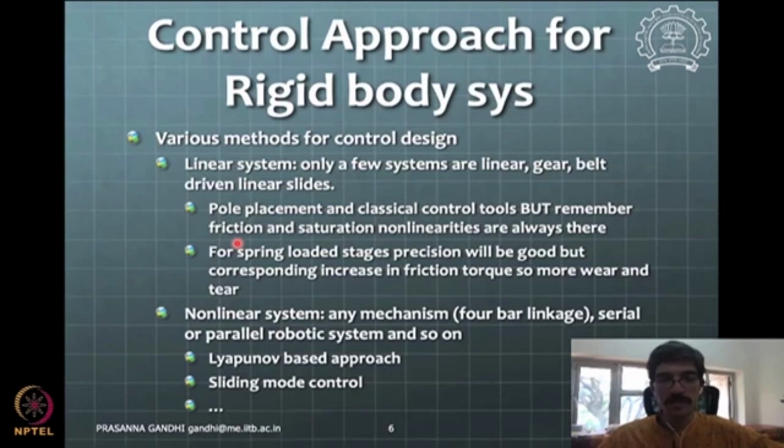The actual system has friction, your model will not. The other thing is that saturation will be there in the actuators, which we need to always monitor. You tune the gains and say, okay, my system is working fine. That's not enough. We need to look at what control input is required with those gains, and whether that control input going to the system is exceeding the actuator saturation limits.